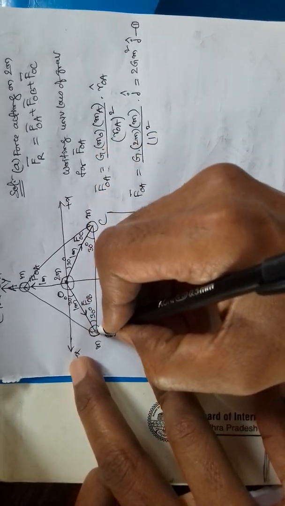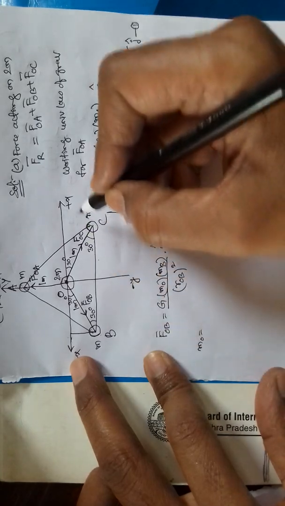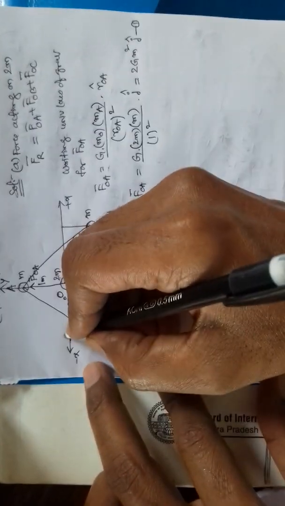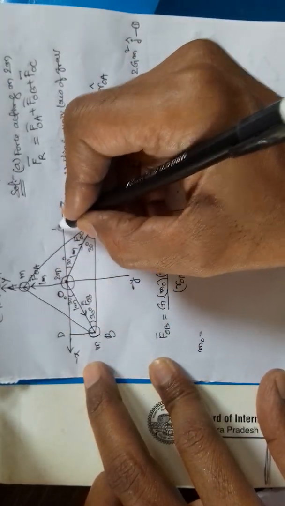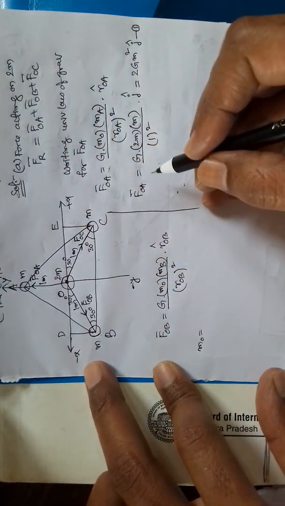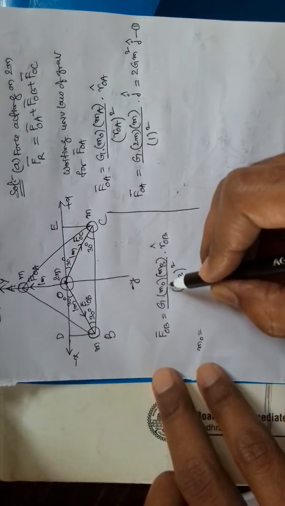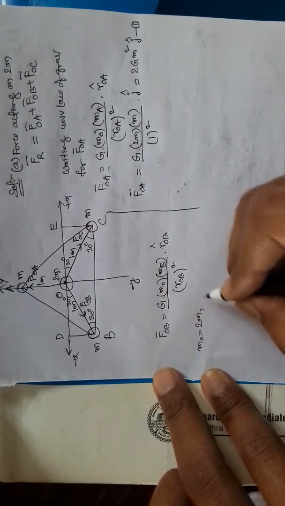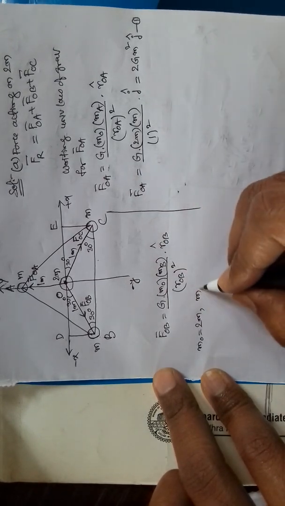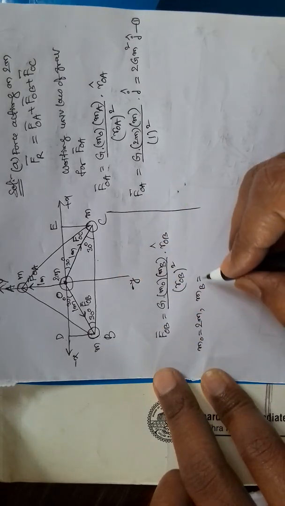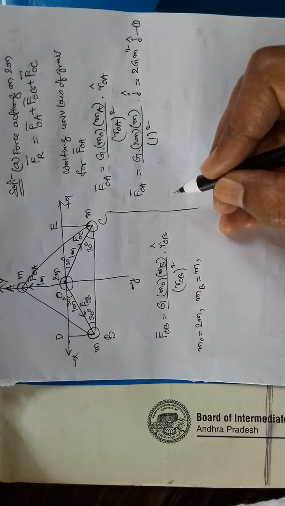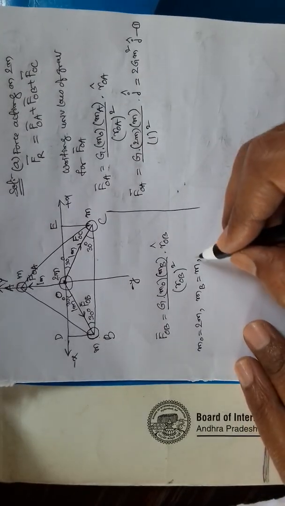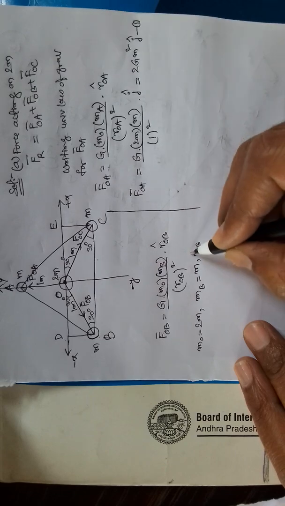Let us draw perpendiculars onto the negative x-axis, here onto the positive x-axis. Suppose this is D and this is E. Now MO, that is mass placed at O, is 2m, mass placed at B is m, ROB unit vector.